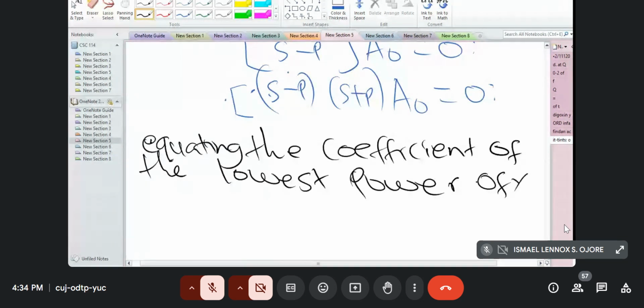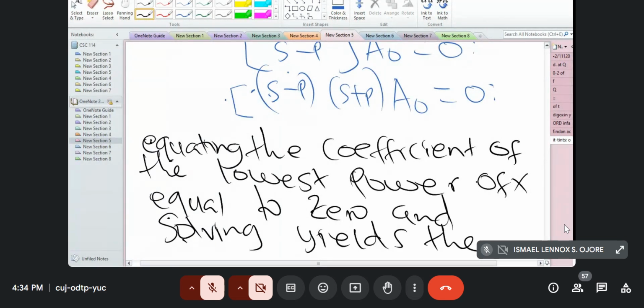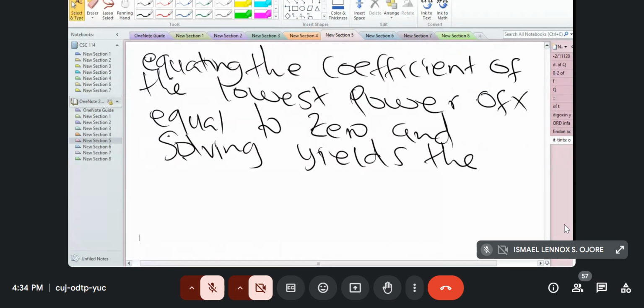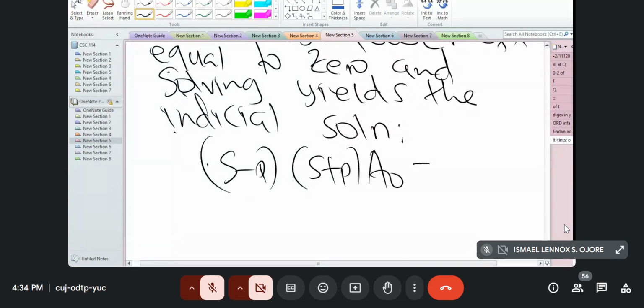So we have the solution that will give us the indices: s minus p, s plus p, then times a naught equals 0.